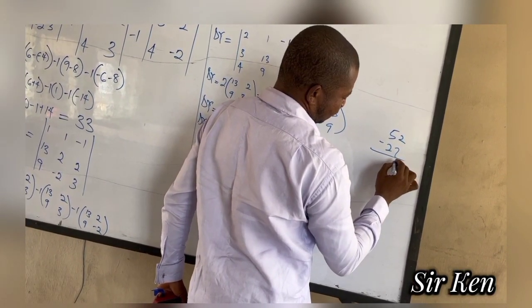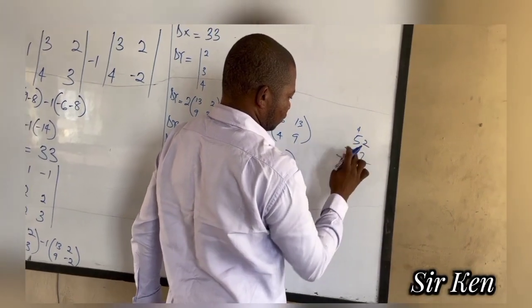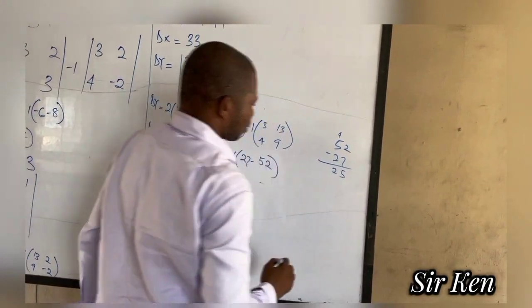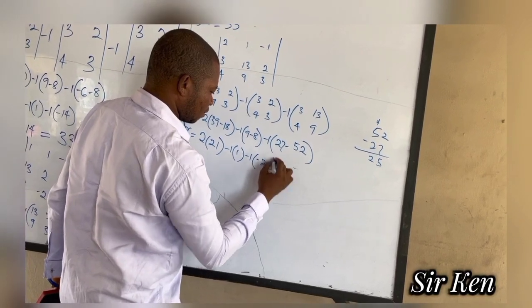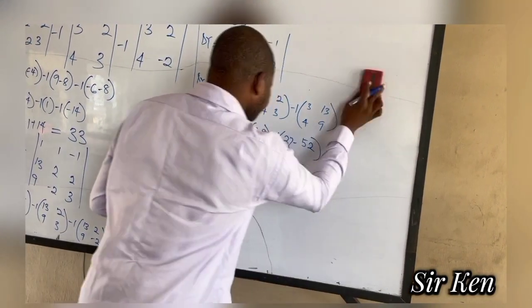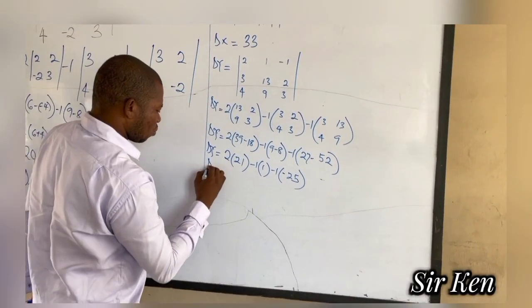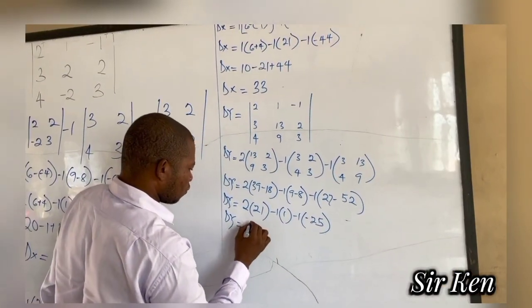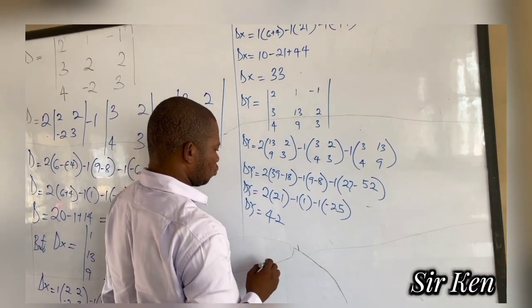You have 5. Okay, make that 4 here, 4 here, 2. Okay, that is minus 25. Minus 25. So the y further becomes 42. That's 2 times 21 gives me 42.